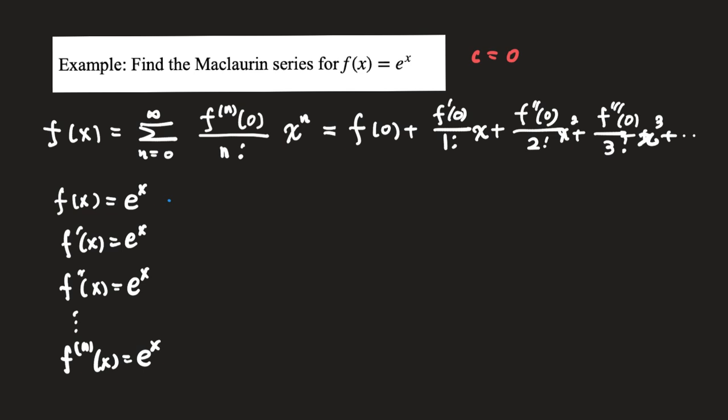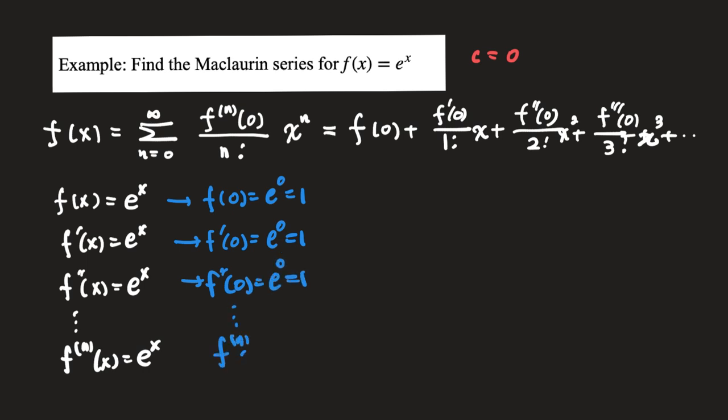From there, f of 0 equals e to the 0, which is 1. f prime of 0 is e to the 0, equal to 1. The second derivative at 0 is e to the 0, equal to 1. The nth derivative at 0 is e to the 0, equal to 1.